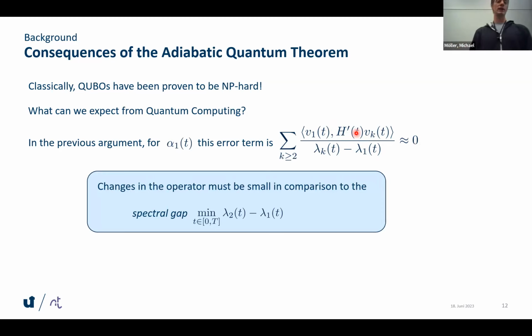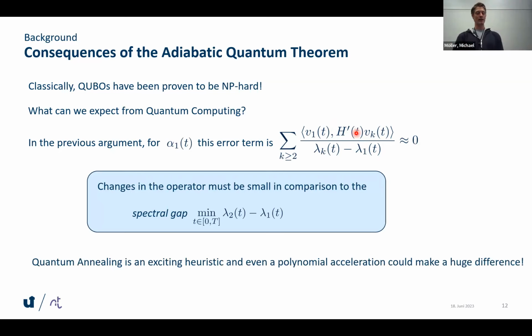And currently, it is not really believed that we can solve such NP-hard problems in polynomial time with quantum computing. Yet, at the current state, I would still say quantum annealing is a very exciting heuristic, and even if we get some acceleration out of this, so polynomial acceleration, it could make a huge difference.